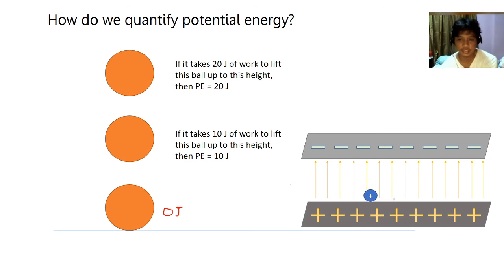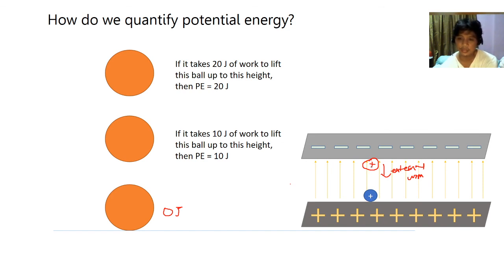So, electric potential energy. Now, originally, the positive charge is right here. And I had to apply external work, because naturally and normally, this charge will not go closer to the positive charges, because these positive charges are naturally going to repel it.